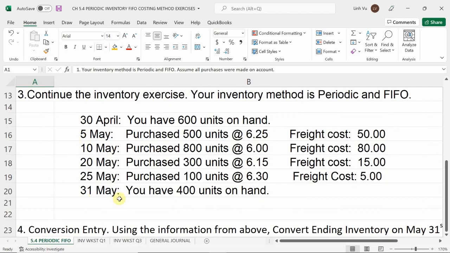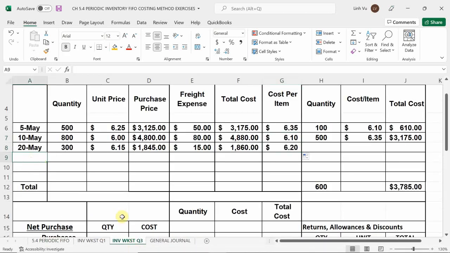So then May 25th rolls around and we end up purchasing an additional 100 units at $6.30 each with a freight of $5. Okay. So May 25th, purchase 100 units at $6.30 with a freight of $5.